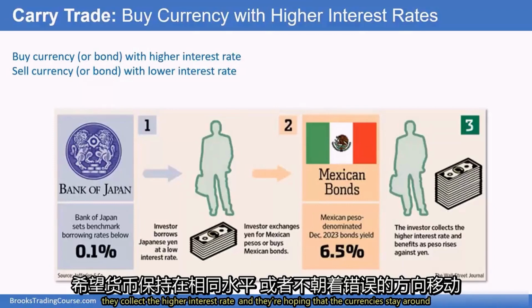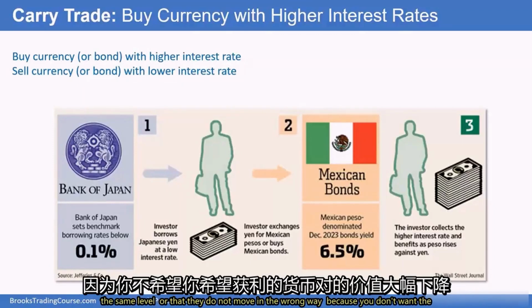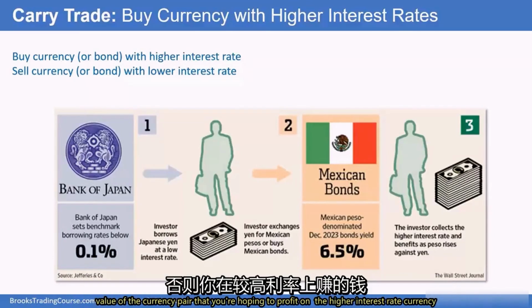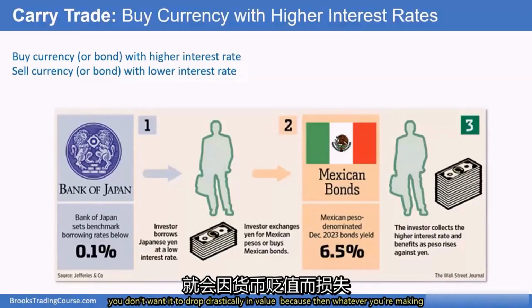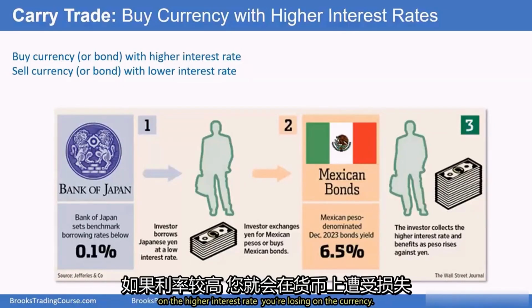And they're hoping that the currencies stay at around the same level, or that they do not move in the wrong way, because you don't want the value of the currency pair that you're hoping to profit on, the higher interest rate currency, you don't want it to drop drastically in value, because then whatever you're making on the higher interest rate, you're losing on the currency.